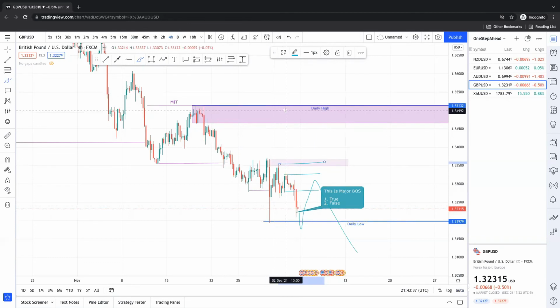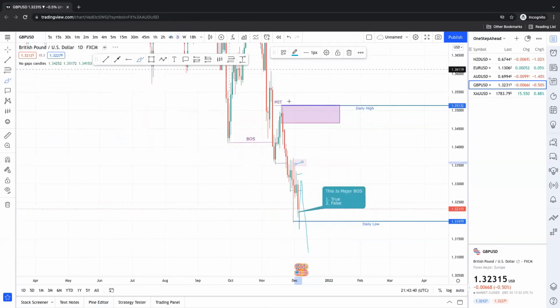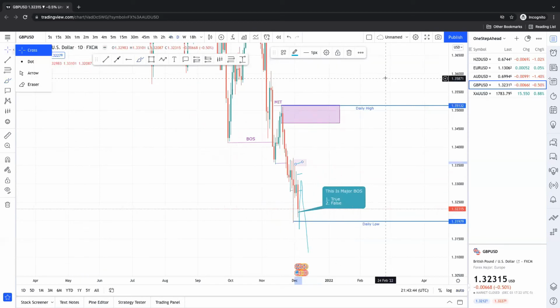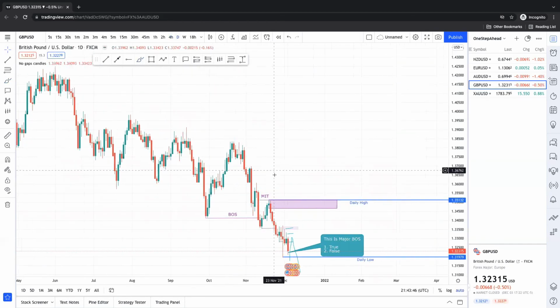Okay, but daily picture is still valid for this play, because this is just a base, and I don't like the bases much. So this is a proper pullback. If price comes here, mitigates and breaks again, that will be swing for us, right?